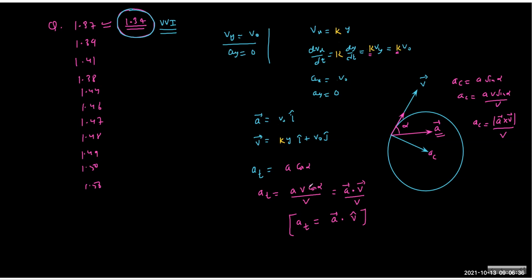So in any motion, let's say the way the particle is moving, I don't know how the particle is moving. What I can say is that one thing is clear: if the velocity vector is something like this, and the A vector is something like this, there is an angle between these two vectors, which I'm calling alpha. Tangential is always the component along the velocity, and centripetal is always the component normal to the velocity, right?